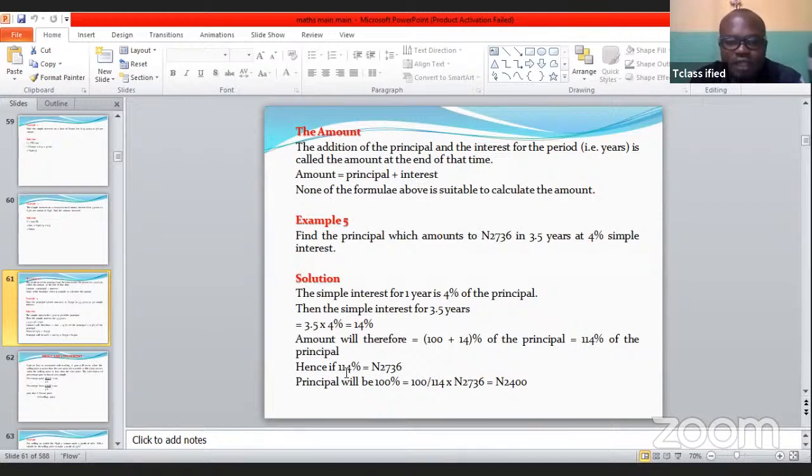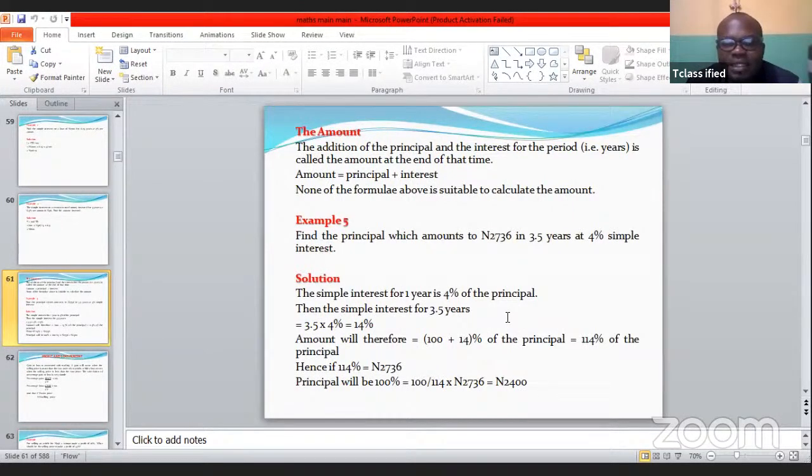Hence, if 114% gave 2,736, the principal will be 100%. Okay, 100% of x. So x becomes 100 over 114 times 2,736, giving us 2,400. Okay. So this is important that we know how to calculate the amount.